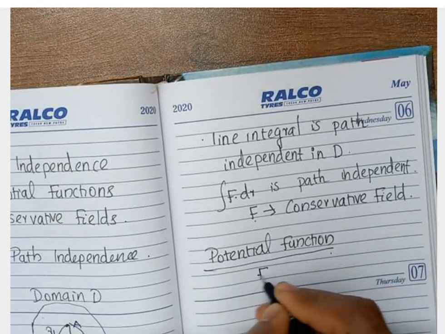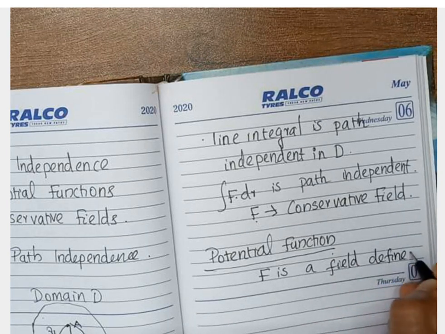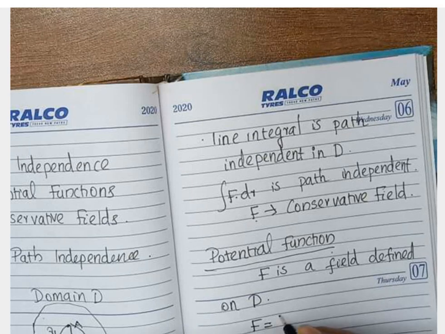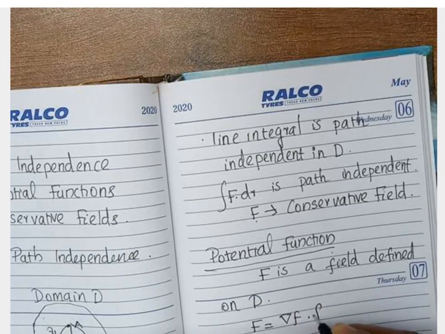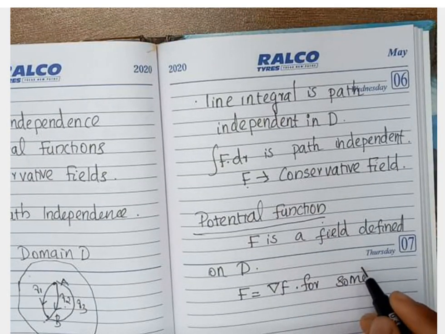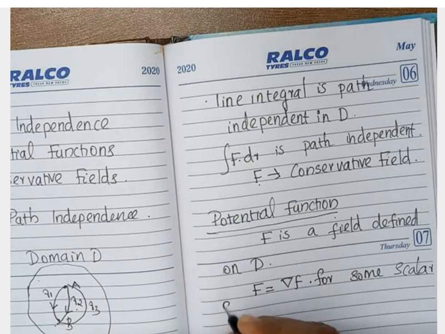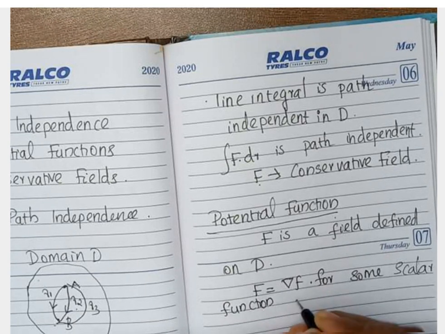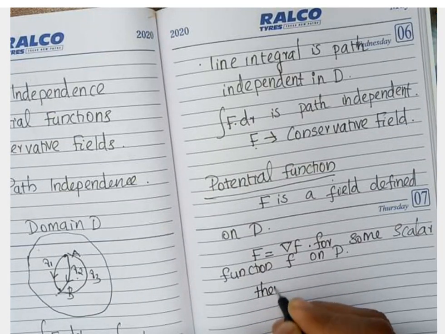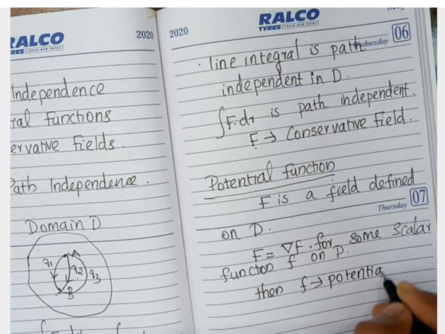F is a field defined on D, and suppose that F is equal to del f for some scalar function f on D. Then this f is known as the potential function for F.